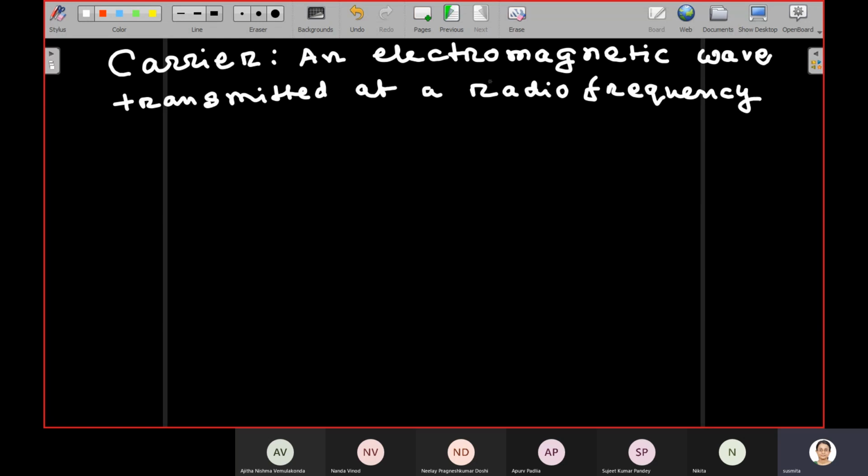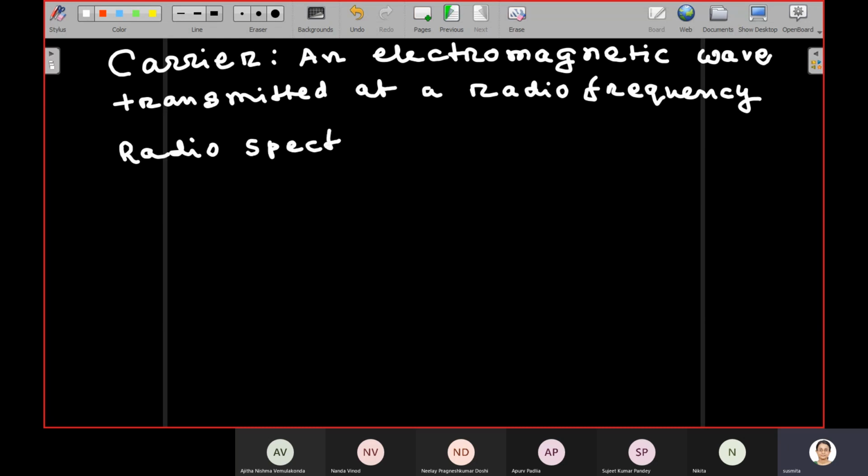Now here we need to define two things. First one, what is an electromagnetic wave, and the second thing is radio frequency. So let me quickly first tell the radio frequency. So radio spectrum, and then I'll define the electromagnetic wave.